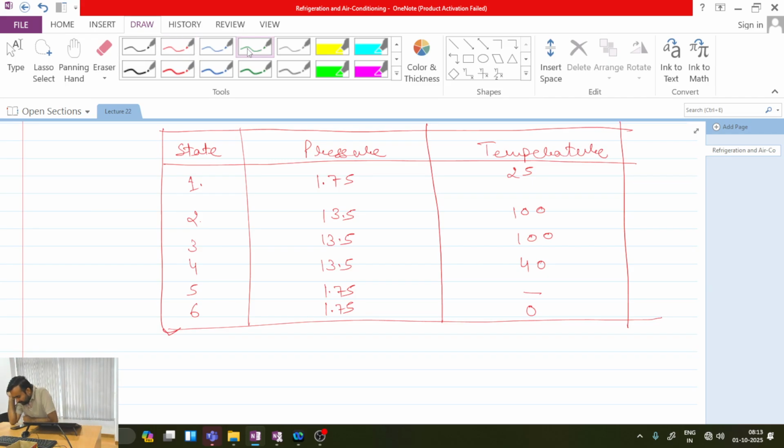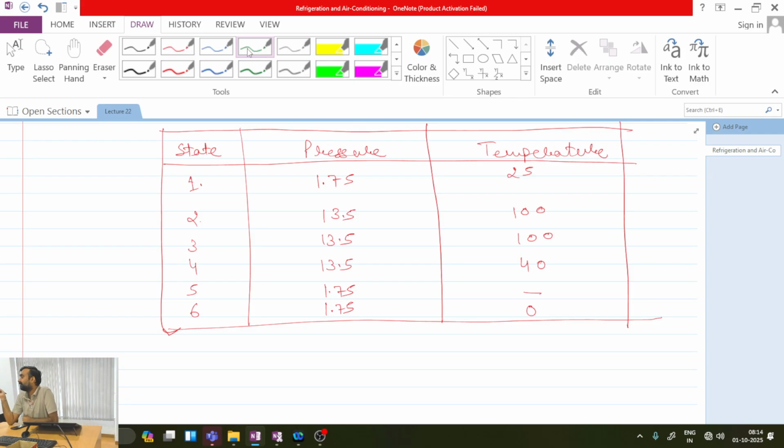In a simple absorption refrigeration system as shown in the figure, the conditions at various state points are shown in the table. Now we have to show all the state points on enthalpy composition diagram, HX diagram.